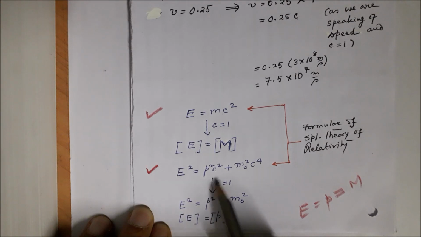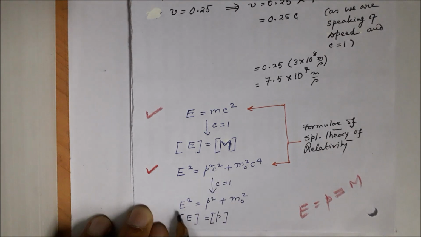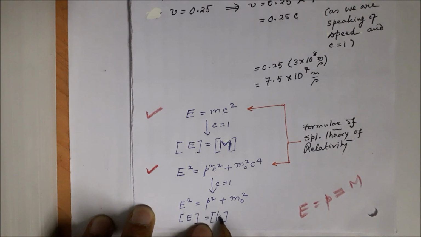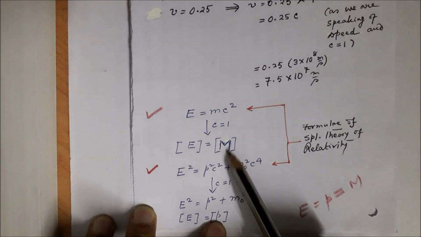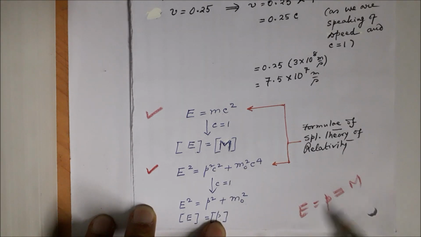Now if you put C equal to 1, that is in natural units, then this relation becomes a simpler one as written here. And it is evident that the dimension of E and dimension of p, meaning momentum, are the same. So if you combine these two results, we end up with this relation: E, p and m, they all have the same dimension.